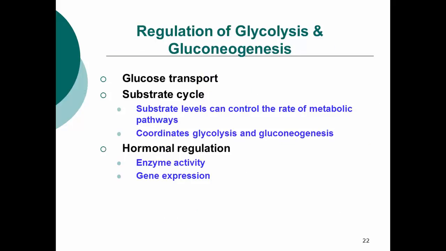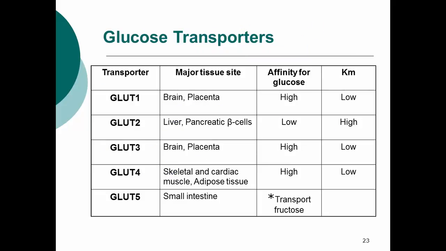And the regulation. So regulation happens at different levels: transporter levels, substrate levels, and enzyme levels, right? And hormonal regulation. For the transporters, you probably want to understand the two different concepts we introduced, affinity for glucose and Km, which are opposite.